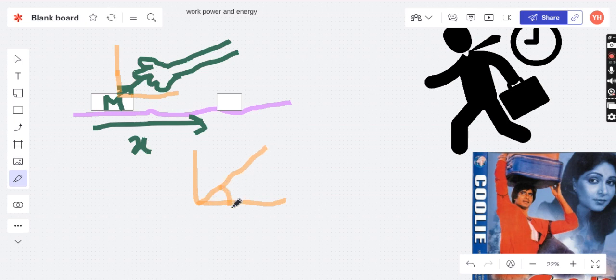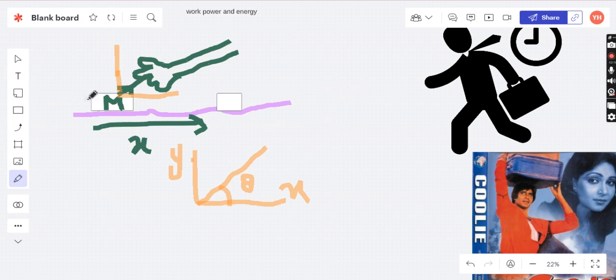This component makes the angle theta. So this is the x component, and this is the y component. Only the x component is responsible for displacing the body in its direction, while the y component plays no role here.